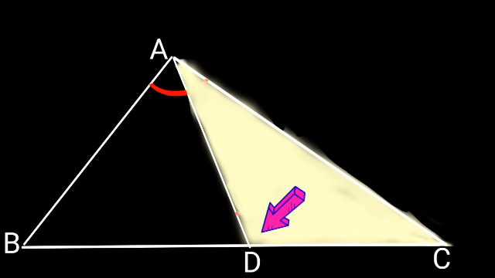In triangle ADC, angle ADC is equal to angle BAC of the first triangle, and angle ACD is common in this triangle.